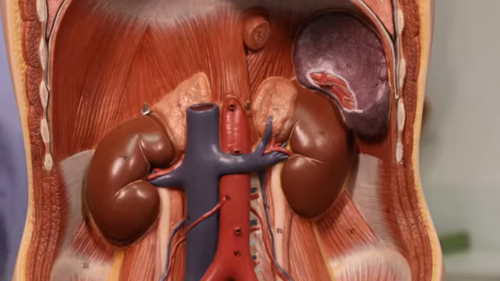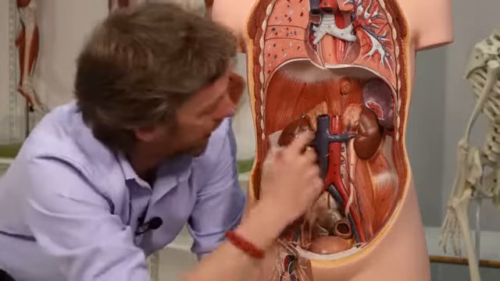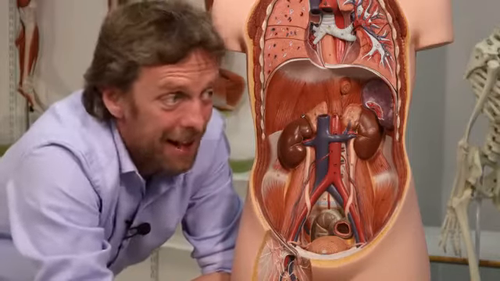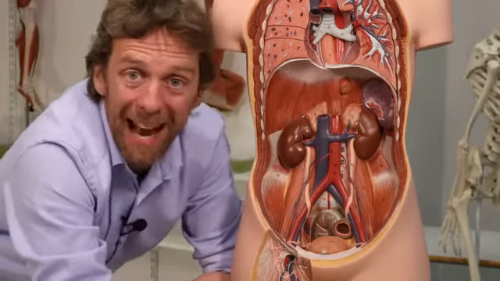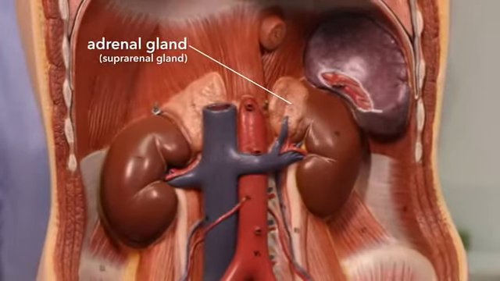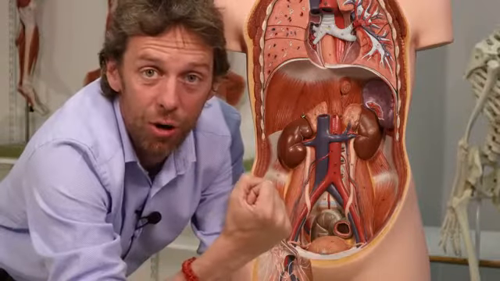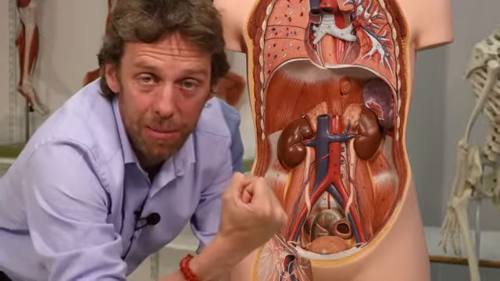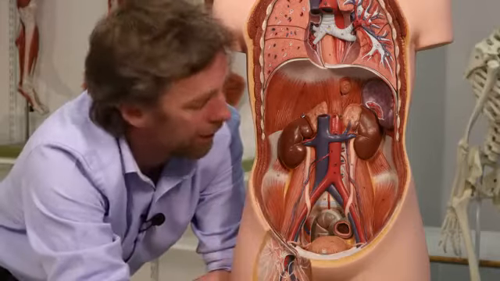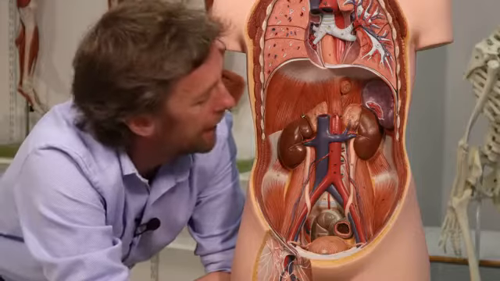Now on the superior pole of each kidney, we have a suprarenal gland or an adrenal gland. Now the adrenal glands make adrenaline and noradrenaline. Obviously that's involved in the fight or flight response, in the adrenaline rush, in the activation of the sympathetic nervous system, so you can fight or fly away, run away.